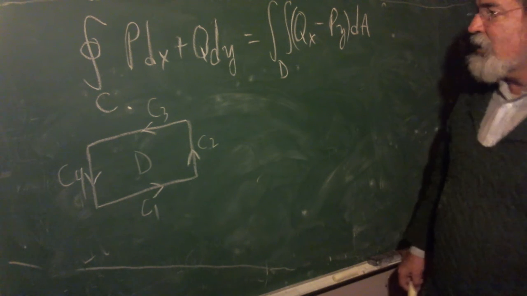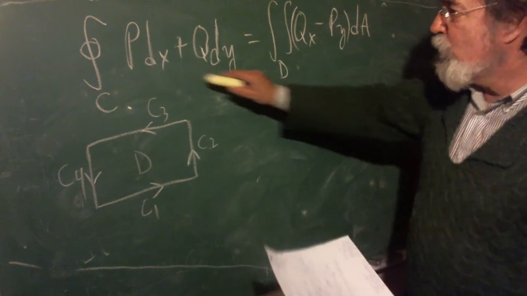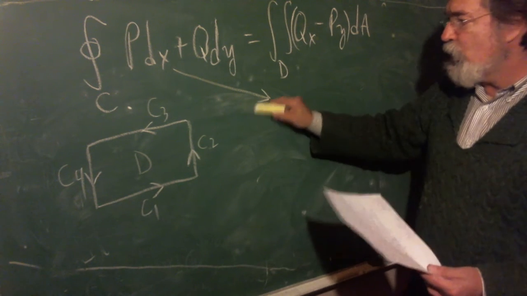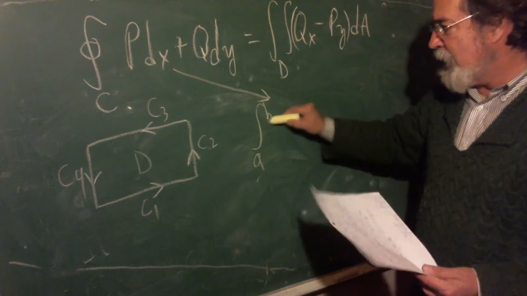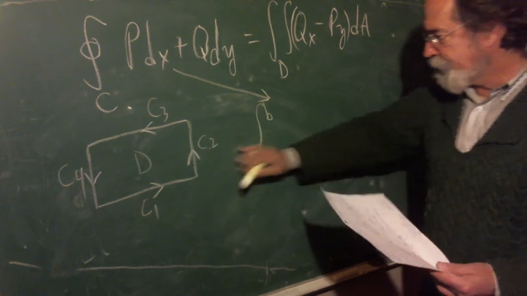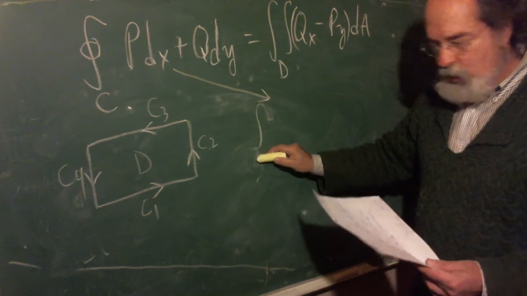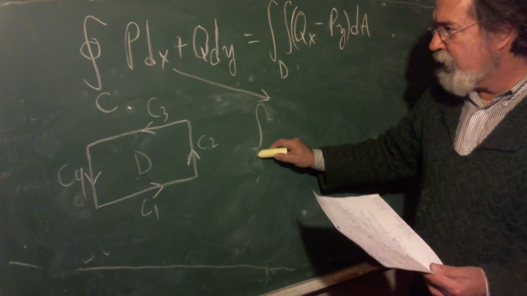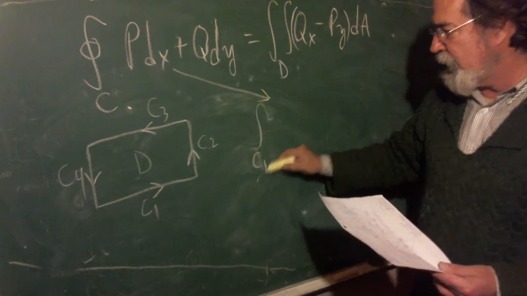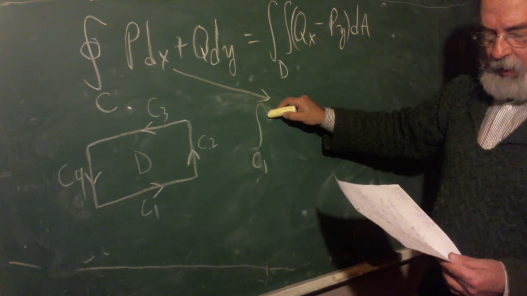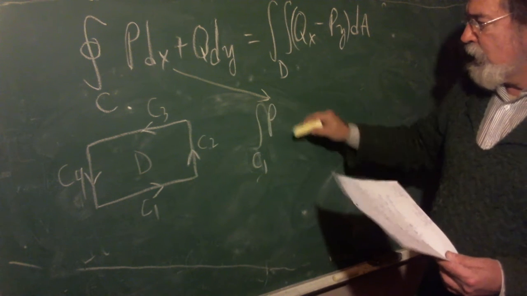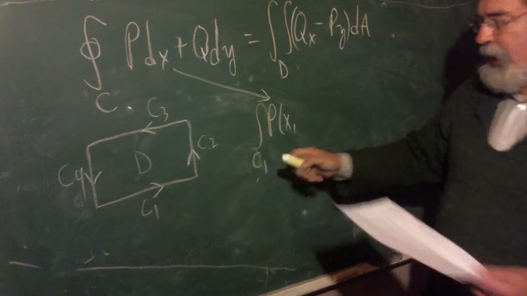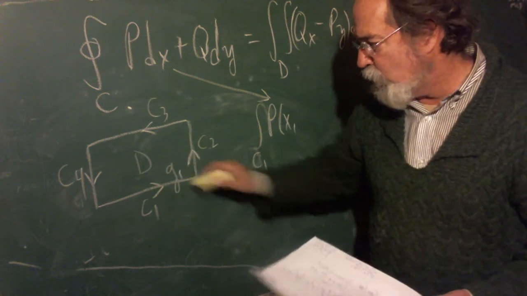Let's do the P stuff first. So when I do this P thing, this P piece turns into the integral, not A to B, it's going to be over C1, because it's got dx going on it, and that's going to be my P of x, and I'm going to call this curve G1.